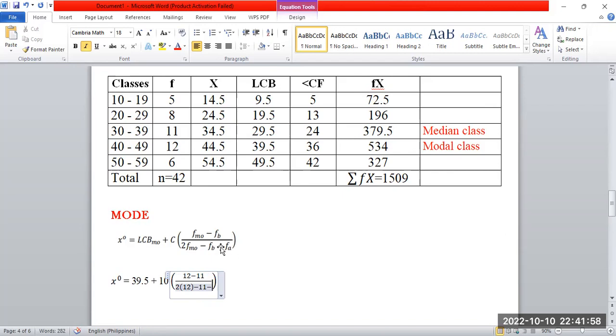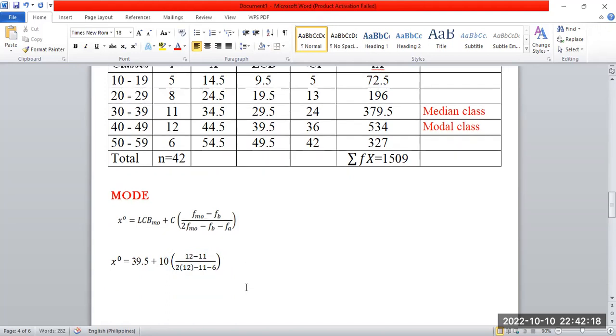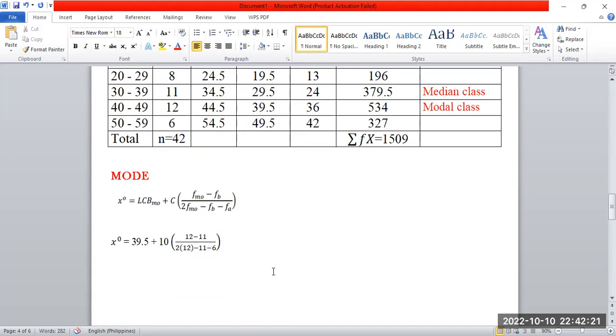frequency after the modal class. Pagkatapos ni frequency ng modal class. Is our modal class, our frequency is 12. And then after 12, we have 6. Pagkatapos ni 12, 6. Okay, so 11 minus 6. So we can now proceed in solving.